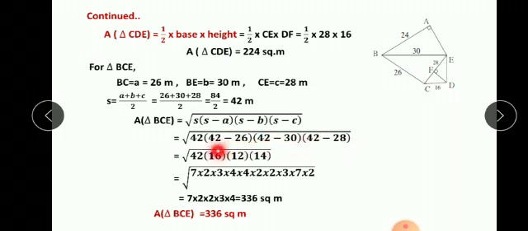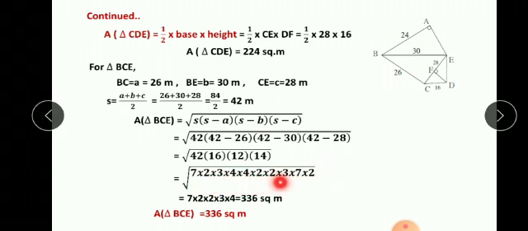After subtraction we get 42 into 16 into 12 into 14. Now we will find the factors: 42 is 7 into 2 into 3, 16 is 4 into 4, 12 is 2 into 2 into 3, and 14 is 7 into 2.